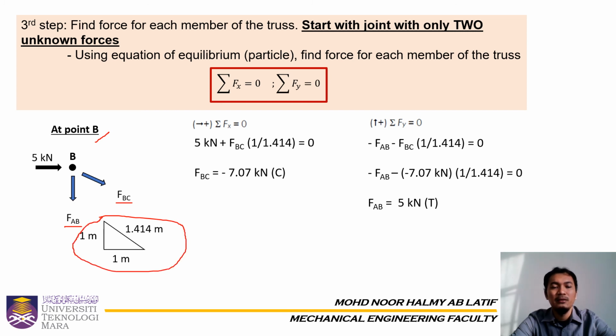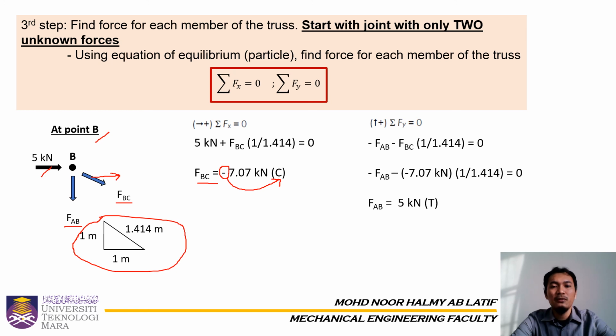By using summation of force in X direction, which has the 5 kilonewton and FBC, we're going to solve for FBC, which is negative 7.07 kilonewton. The negative sign shows that the force is compression.